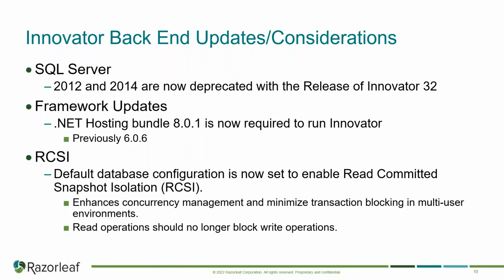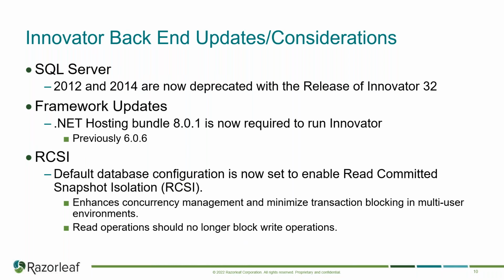If you're planning an upgrade, .NET Hosting Bundle 8.0.1 is now required to run Innovator. That was previously 6.06, as well as all the previous versions that have been supported in the past. And the last thing here is the updates to the SQL database configuration.